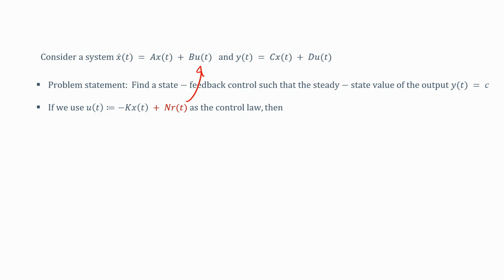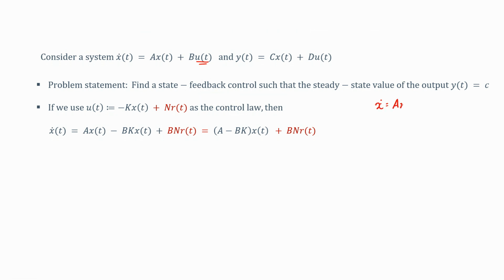If I put this control law into the system, my new equation becomes x dot equal to Ax plus Bu. In place of u I am putting this expression, so this becomes minus BKx plus BNr. You can see that hopefully.